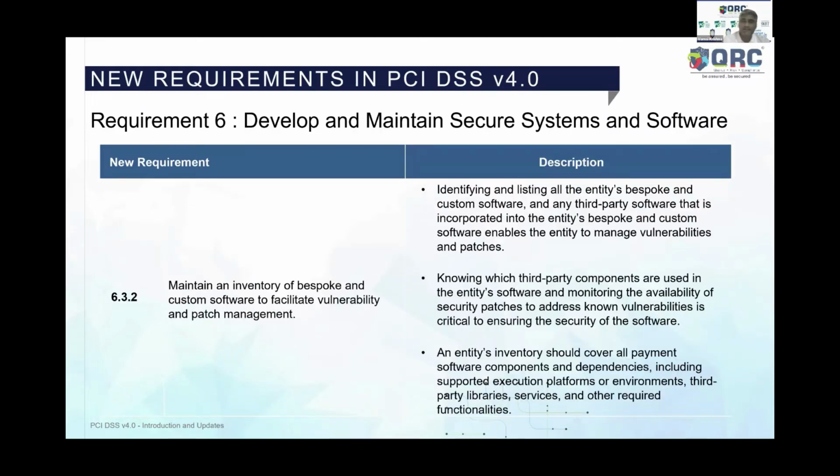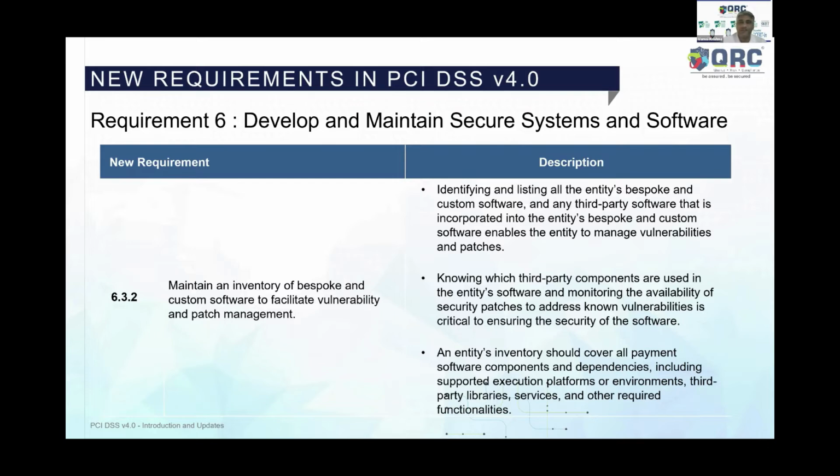Requirement 6 mainly talks about developing and maintaining secure systems and software. Maintain an inventory of bespoke and custom software to facilitate vulnerability and patch management. Earlier also, they mentioned vulnerability management depends on the risk, so people can maintain it depending on the high, medium, and low risk levels.